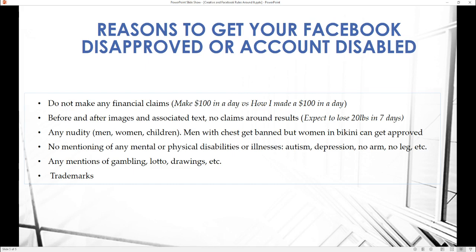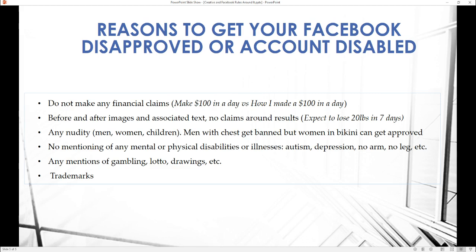But in this case you could say, for example, I've been struggling with depression all my life, or how these 6 steps help me with my depression, right? Because even in that case, Facebook might still ban you. So I would advise to be cautious, not to use any physical attributes or mental illnesses, and just stay clear of them. There are ways to work around them and be creative about that.